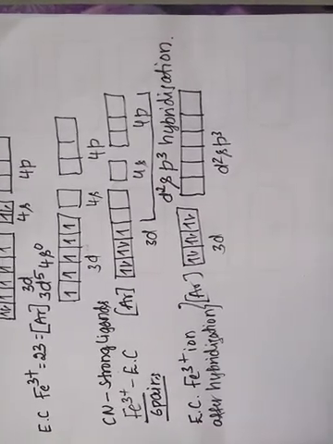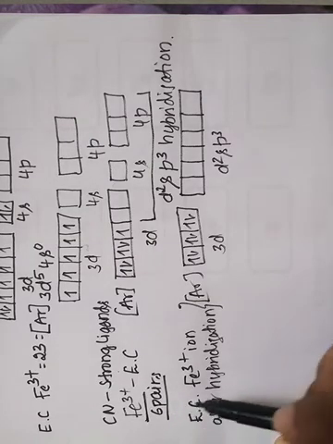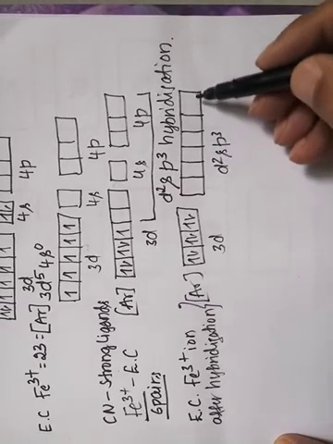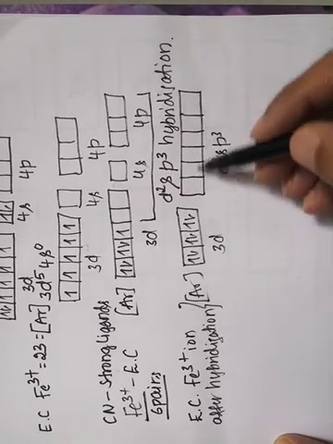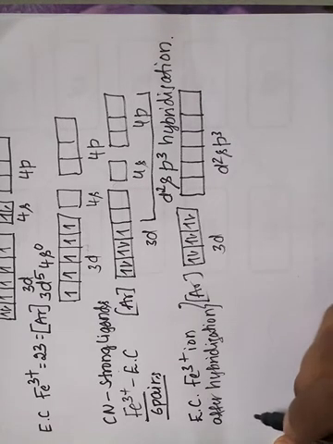When the 6 ligands donate 6 pairs of electrons, the 6 pairs of electrons will occupy these 6 d2sp3 hybrid orbitals.